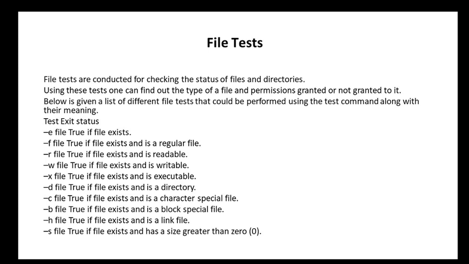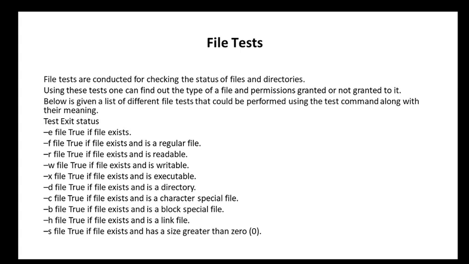R file is true if the file exists and is readable. W file is true if the file exists and is writable. X file is true if the file exists and is in executable mode.